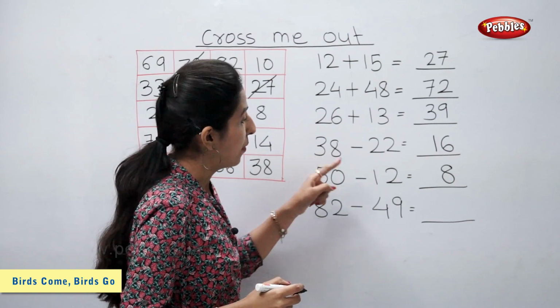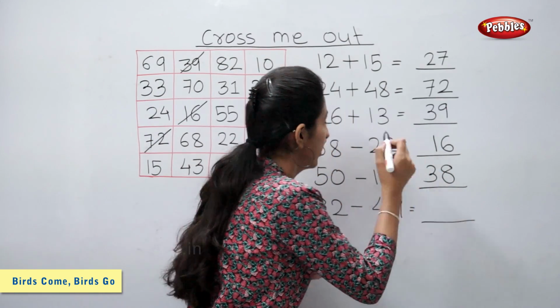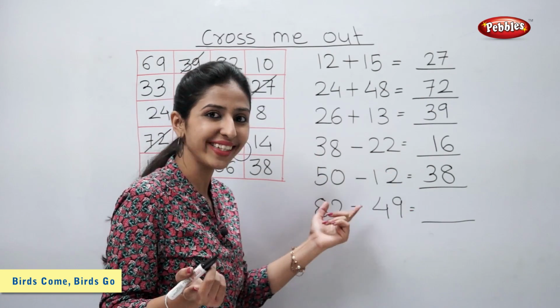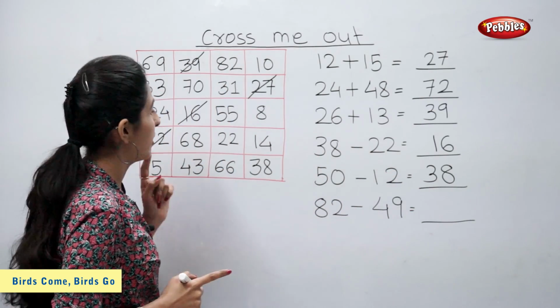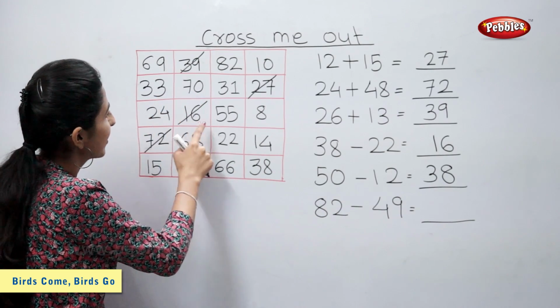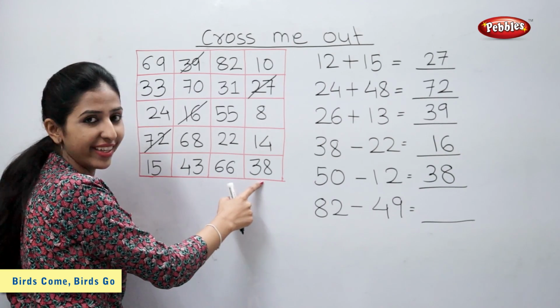And 4 minus 1 is 3. So 50 minus 12 is equal to 38. Let's cross number 38.